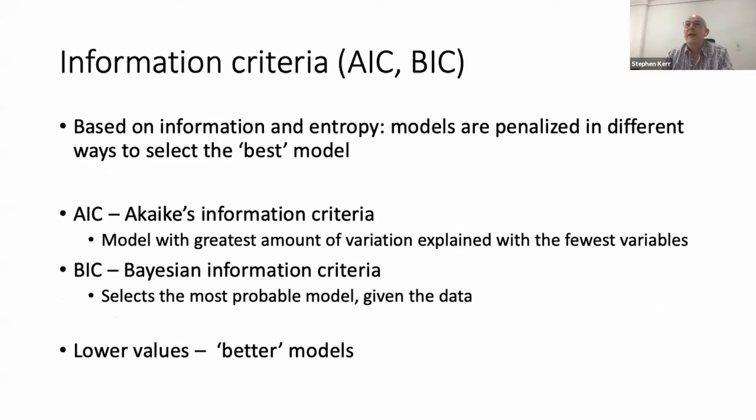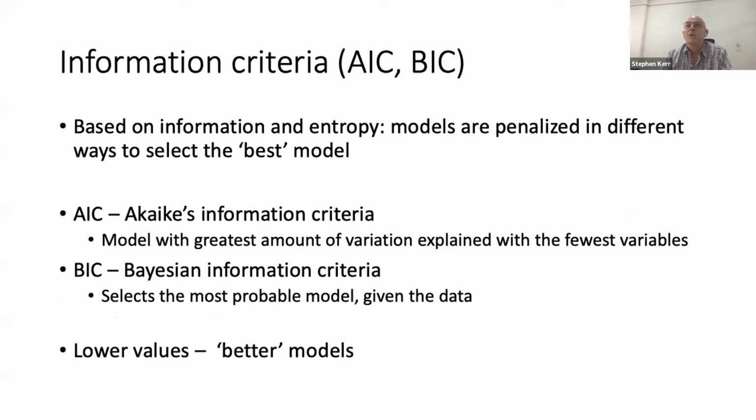Now, I mentioned information criteria, and these are criteria based on information and entropy, which is randomness. And models are penalized in different ways to select the best model. Two very common ones that are implemented in most software packages are the AIC, or the Akaike information criterion.